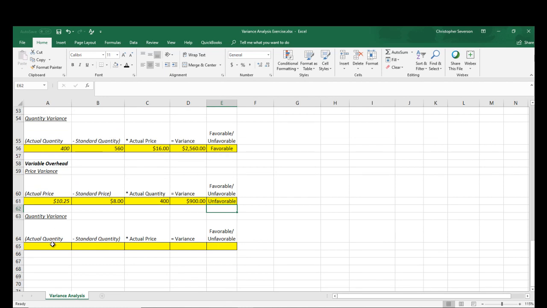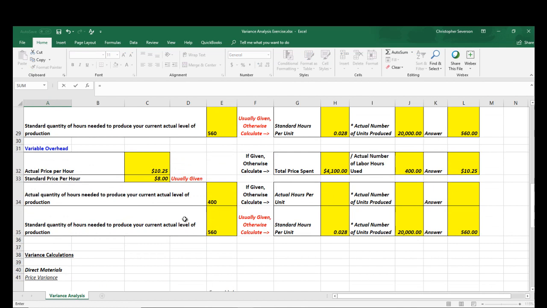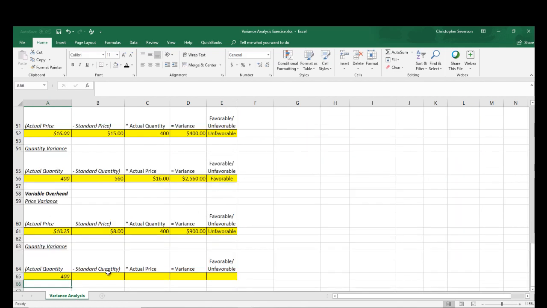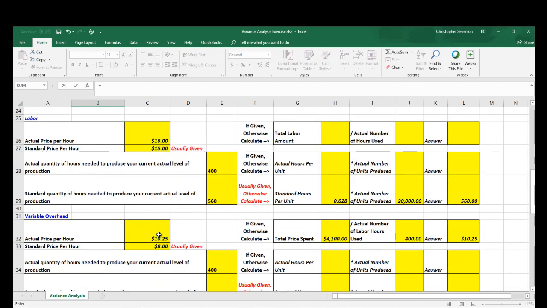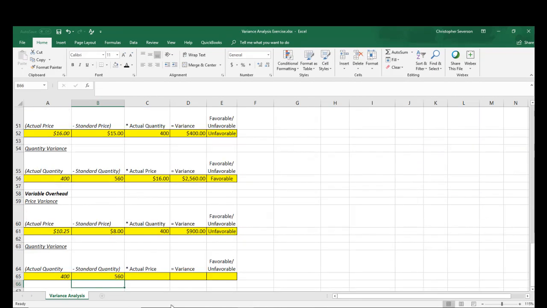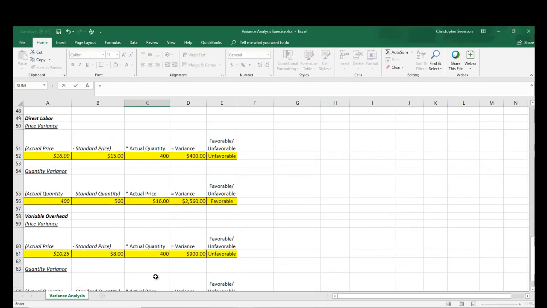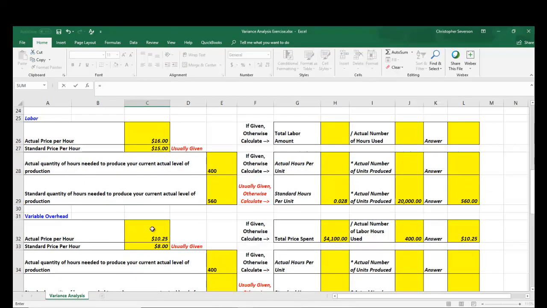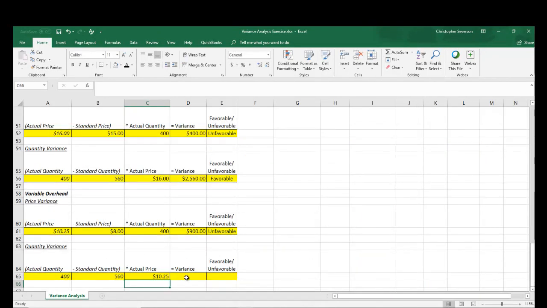Now the quantity variance here. Again, we have the actual quantity, the standard quantity, the actual price, and our variance is going to be 400 minus 560 multiplied by 1025. So we use less than expected.